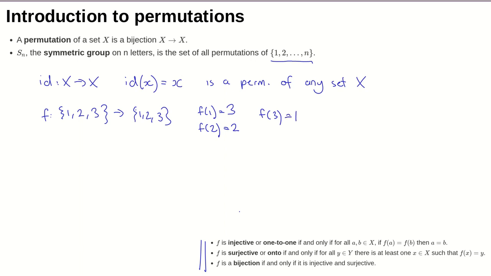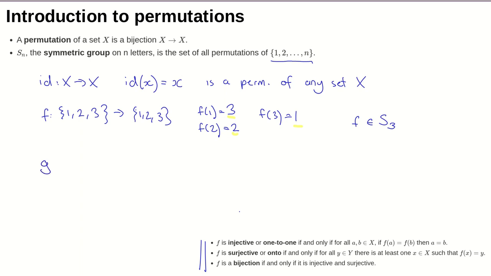You can see this really is a function from the set 1, 2, 3 to 1, 2, 3. It really is onto, because all of 1 and 2 and 3 are in the image of f. So it's onto, and it's also 1 to 1. So this genuinely is a bijection from 1, 2, 3 to 1, 2, 3. Therefore, it's a permutation of the set 1, 2, 3, and that means f is an element of S3, the symmetric group on 3 letters.